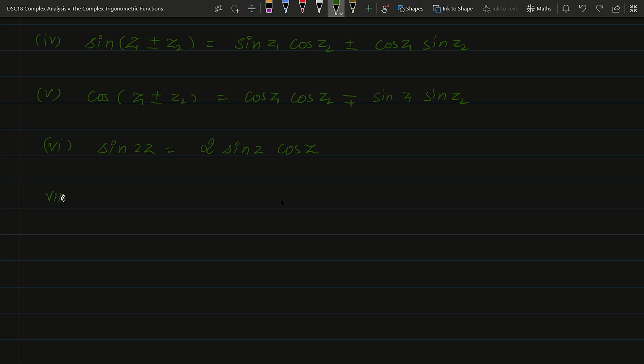And likewise, we can write cos 2z, that is equals to cos square z minus sine square z. Just replace the sine 2z by the expression in complex exponential function and you will have this one. Okay, so all these identities can be achieved by just writing their complex exponential expressions.